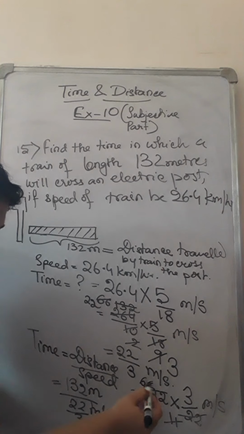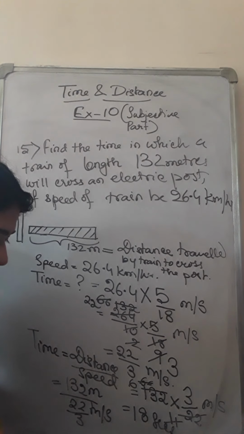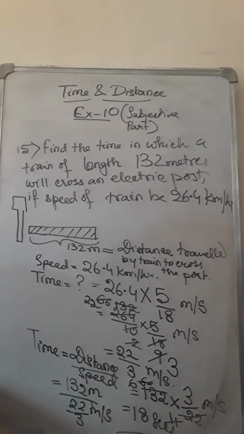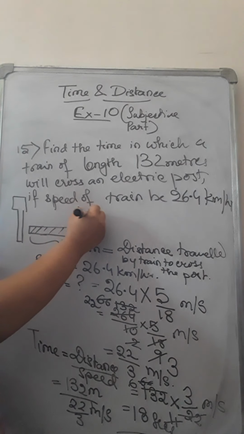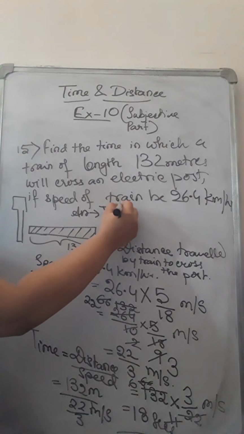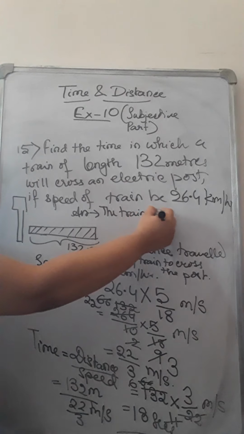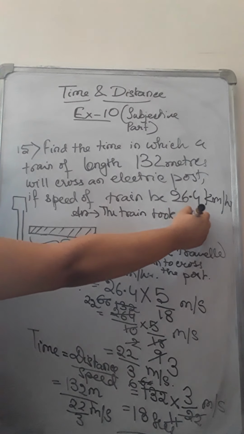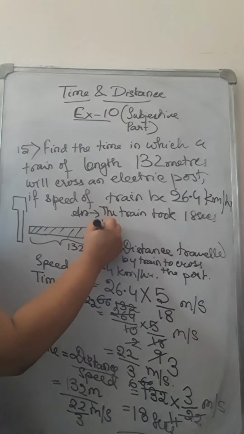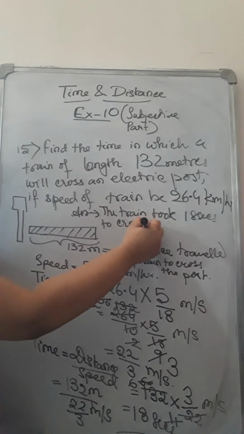Again 11 6s are directly. So 6 3s are 18. So 18 is the time and the unit will be second. So what will be your final answer? That the train took 18 seconds to cross the electric post. I am writing the answer on top. The train took 18 seconds to cross the post.